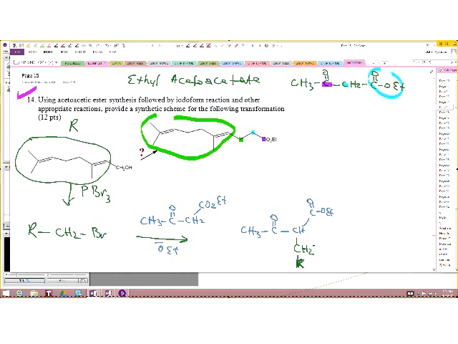Well, now once you form that, then what do we do at this point? What do we do next? Because we want to lose this, right? Hydrolyze. So that becomes this, and this is here.